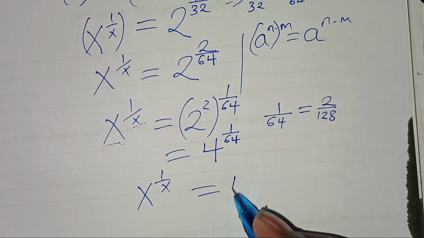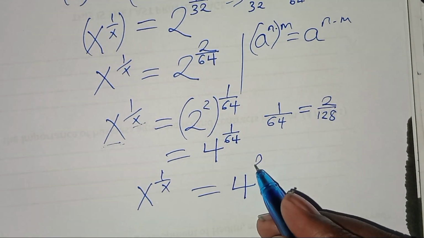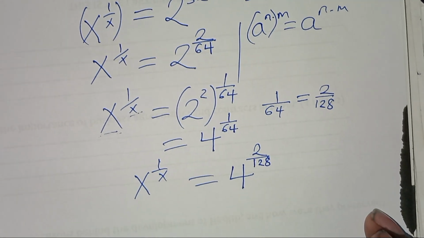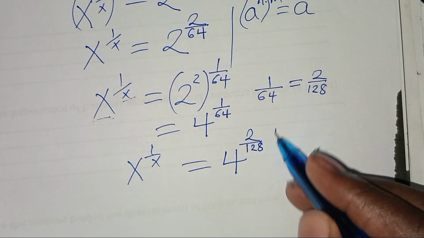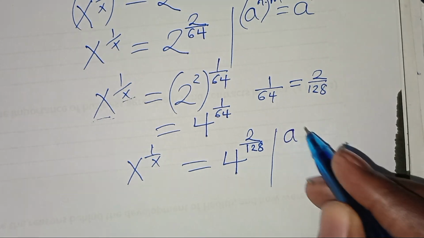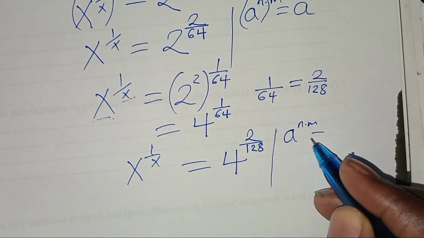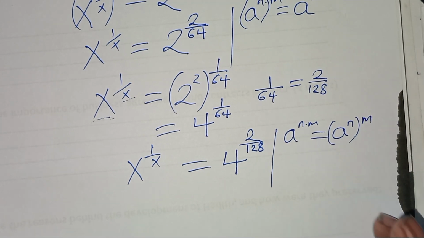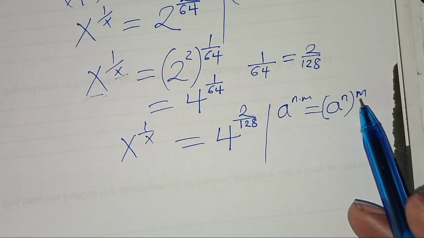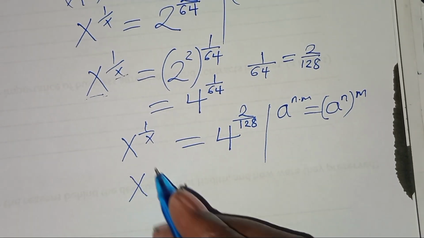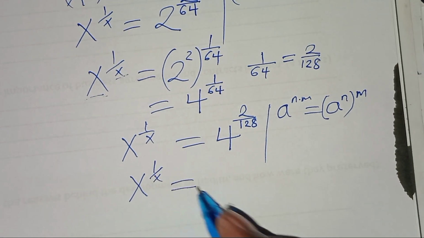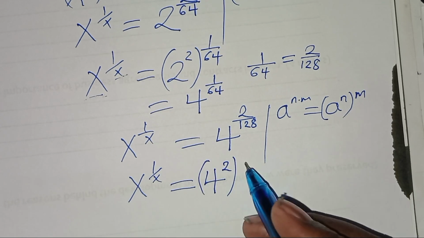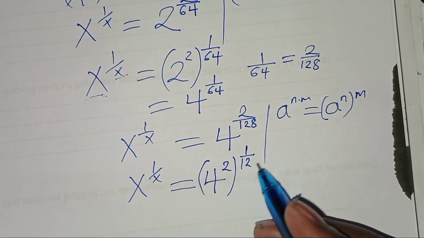equal to 4 to the power 2 over 128. So again, applying the property that a to the power n multiplied by m can be expressed as a to the power n raised to the power m, we'll have x to the power 1 over x equal to 4 raised to the power 2 raised to the power 1 over 128.